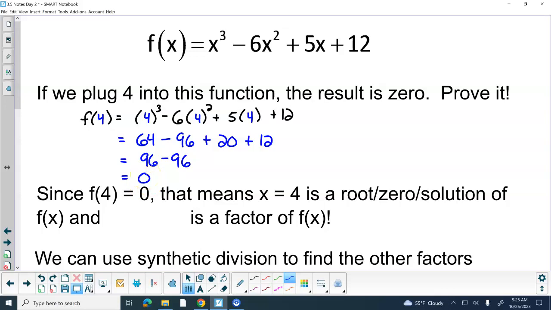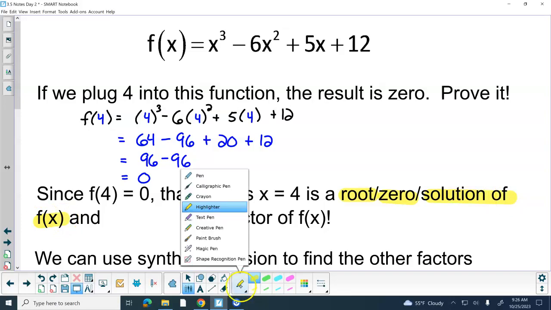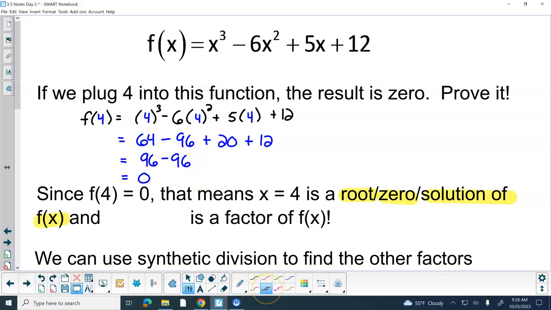So what that means, since f of 4 is equal to 0, is that x equals 4 is a root, a 0, a solution of the function, and that x minus 4 is a factor.